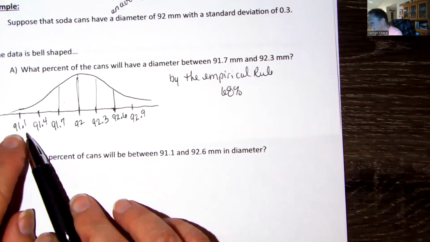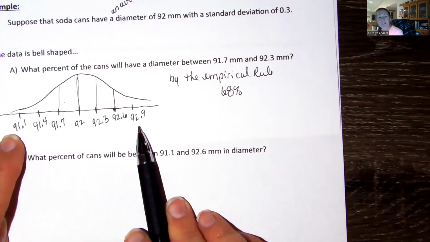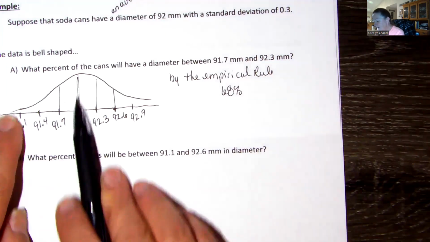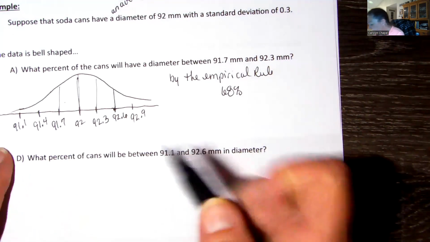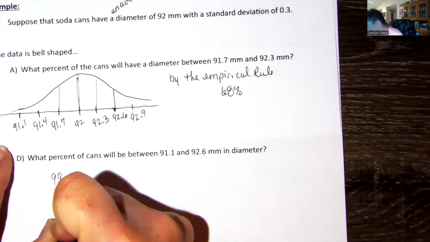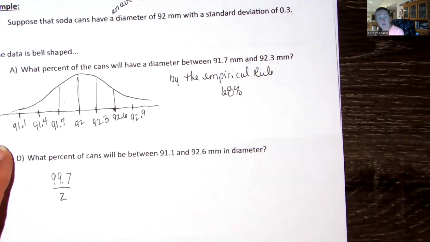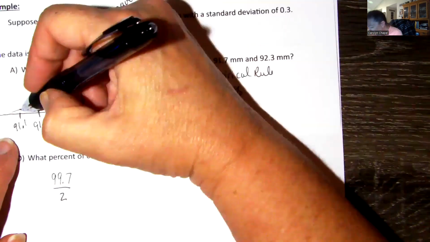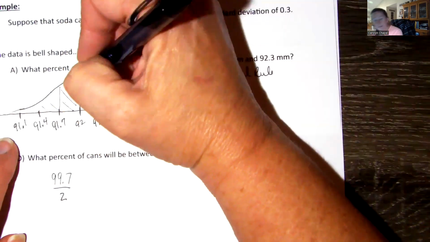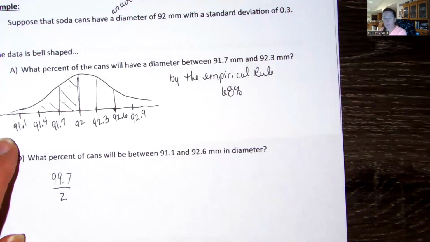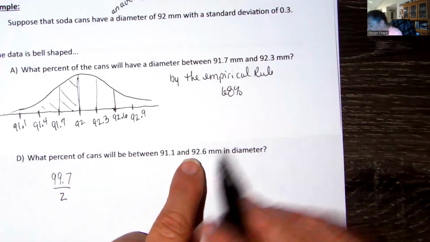If I went 3 down and 3 up, that's the 99.7, but we only have half of that. That'll give me this piece here. So I'm going to take that 99.7 and divide that by 2. That would fill in that region there.